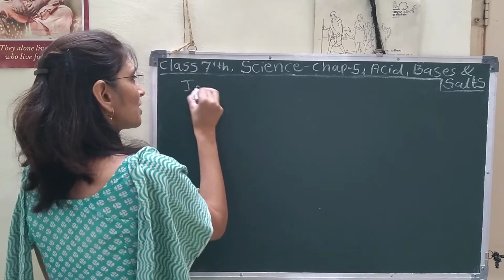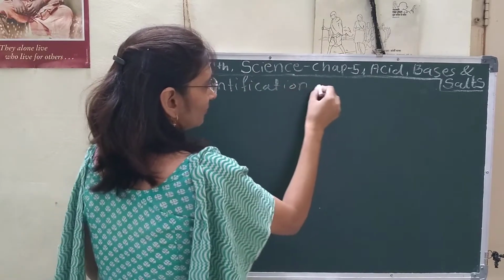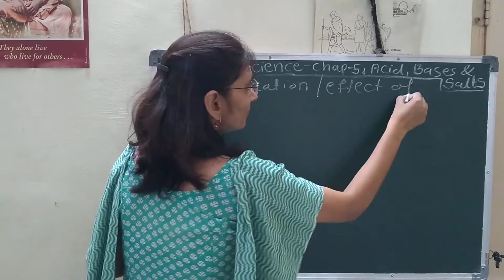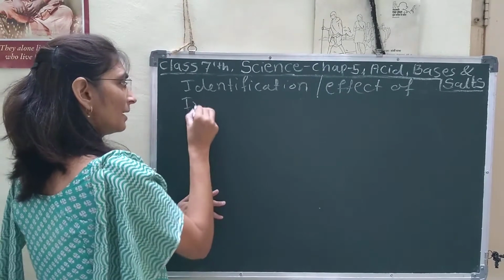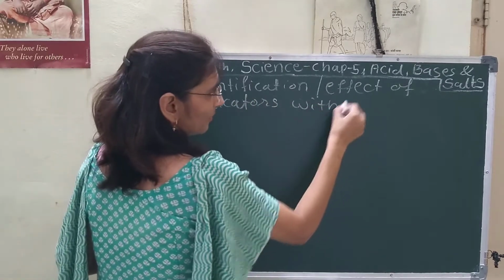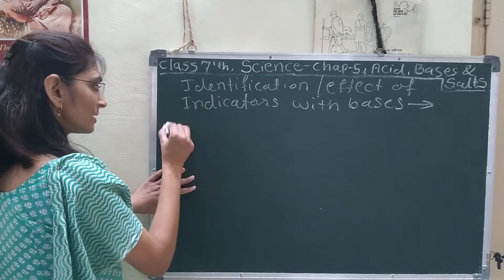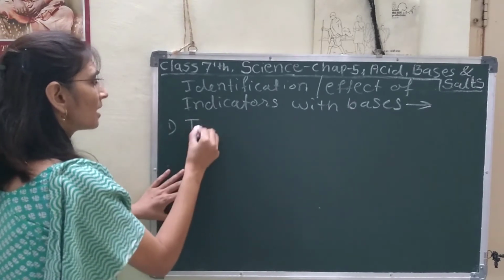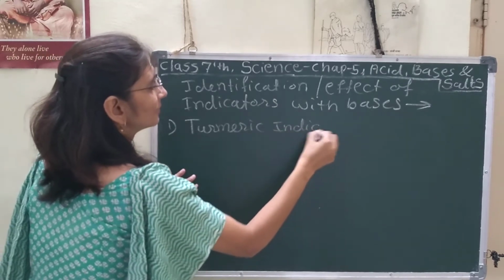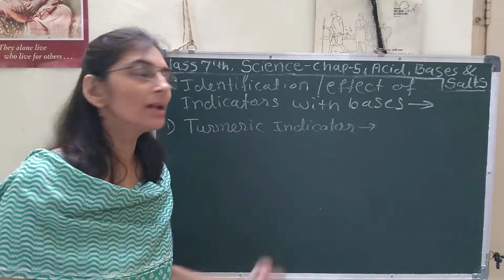So the identification or effect of indicators with bases, that we will discuss here. What are the effects? The first indicator we will see here is the turmeric indicator. Turmeric indicator is nothing but the turmeric which we use in our daily life.